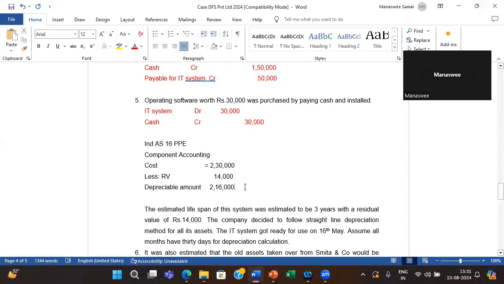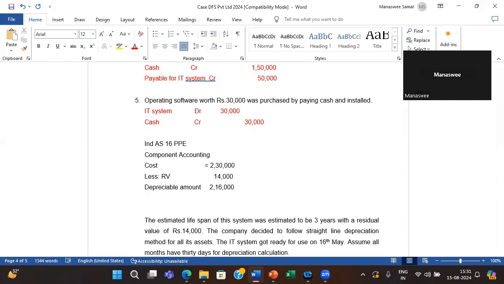If this is for 3 years, then under SLM, the straight line method, there is equal depreciation over the useful lifespan. So under SLM, depreciation per annum will be 72,000.